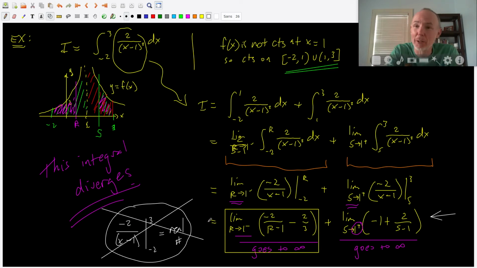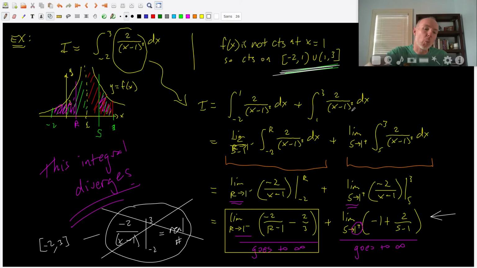This fundamental theorem of calculus, it's great, but it's not going to work here because the function we're integrating is not continuous on the domain we're integrating it over. In other words, it's not continuous on [-2, 3]. If it was continuous on [-2, 3], then yeah, do this. Find the antiderivative, plug in the values. Great, if it's continuous. That's what we've added today. If it's broken somewhere in that region, then you need to do more. You need to break it up like this.